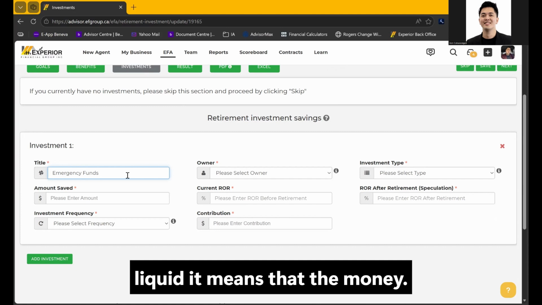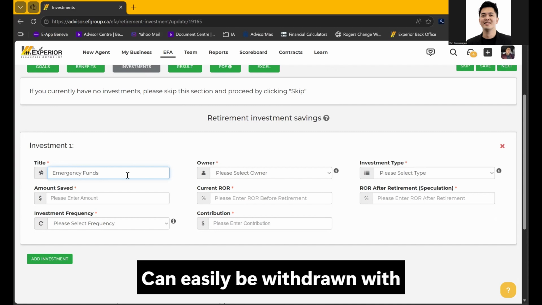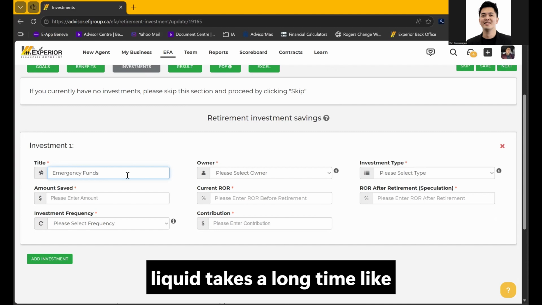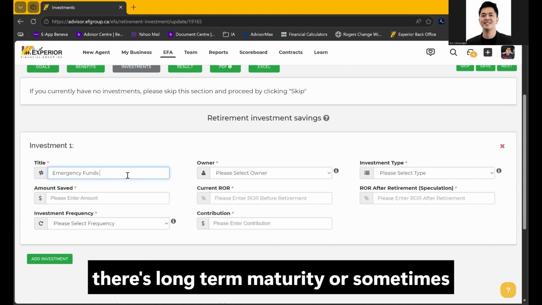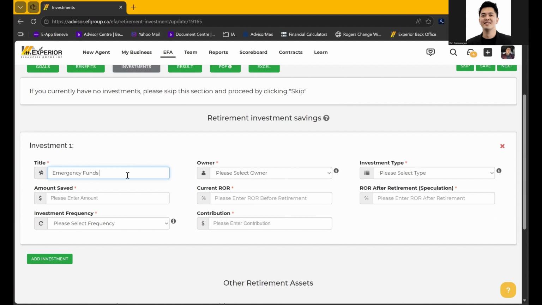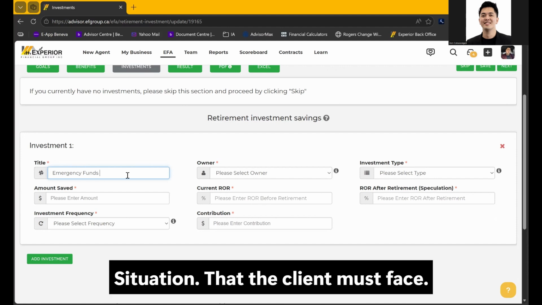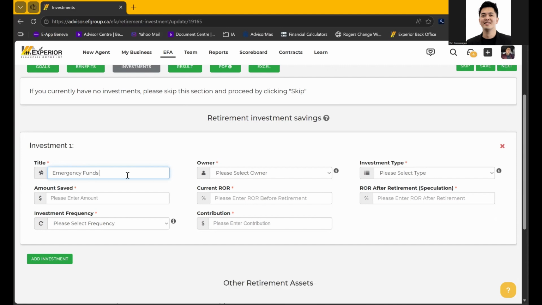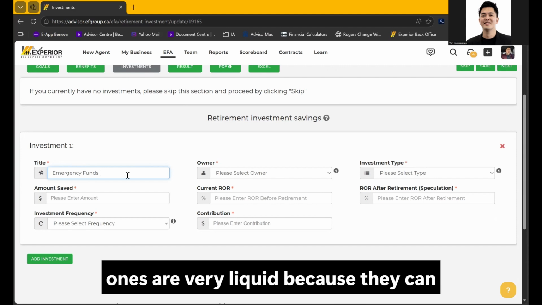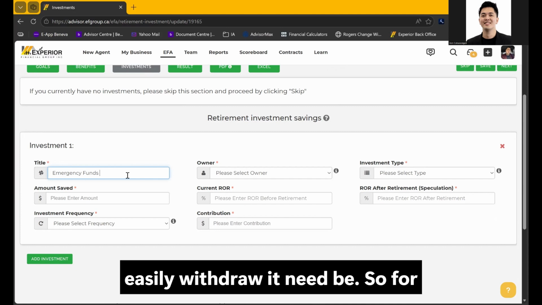When it's liquid, it means that the money can easily be withdrawn with no hassle. Non-liquid takes a long time. Like there's long-term maturity, or sometimes if you withdraw it, there's a taxable situation that the client must face. So with emergency funds, TFSA, these ones are very liquid because they can easily withdraw it if need be.